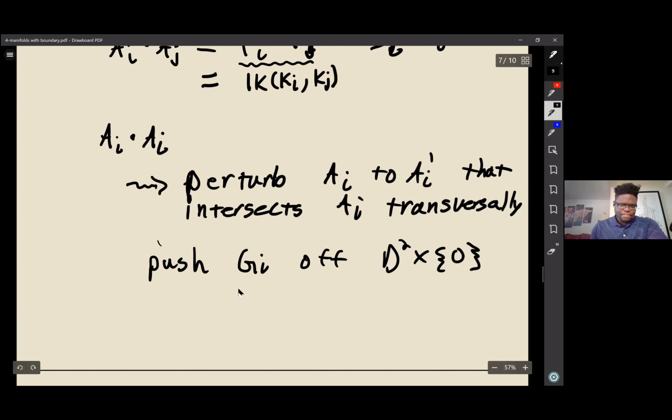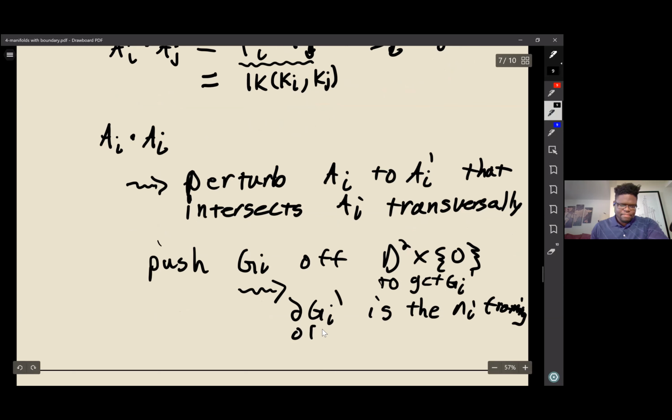So this is to get G_i prime. But when we do this, the boundary of G_i prime is the n_i framing of K_i.